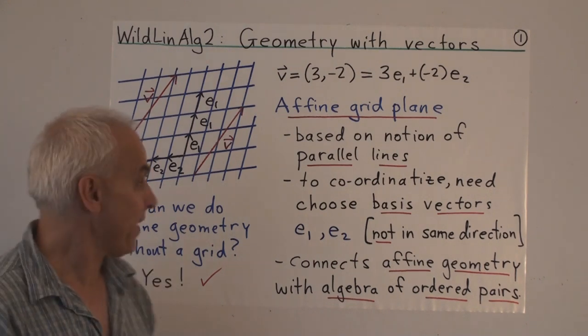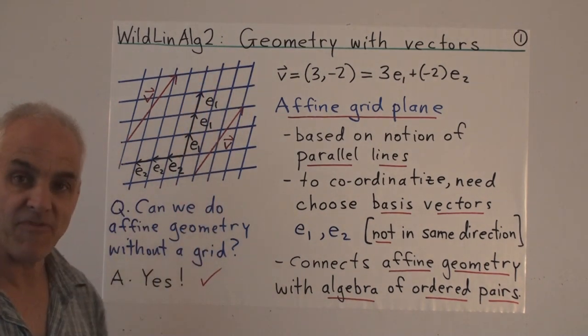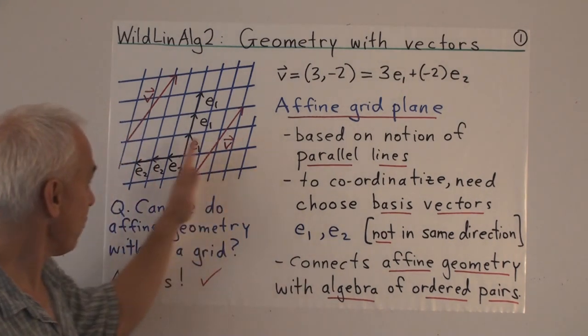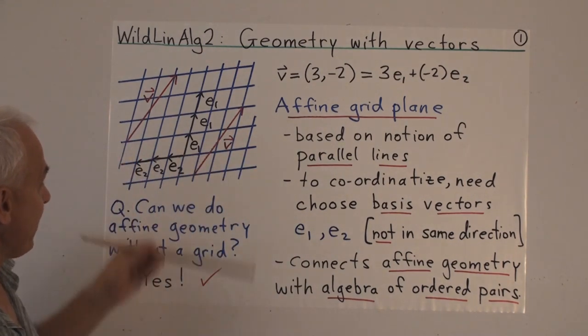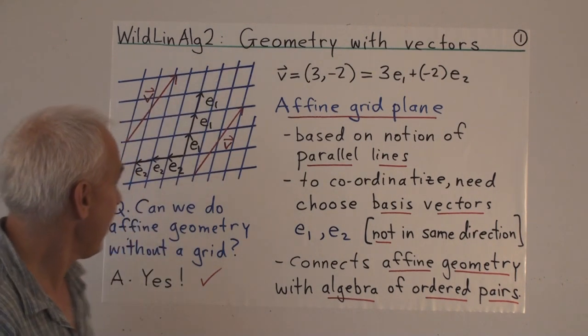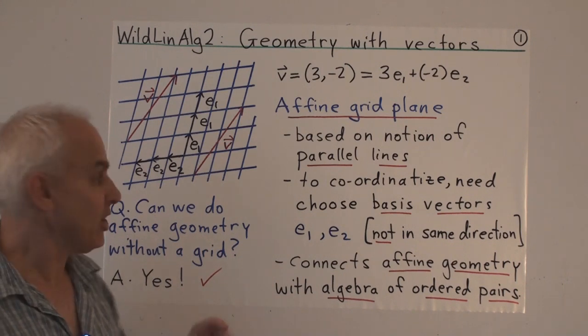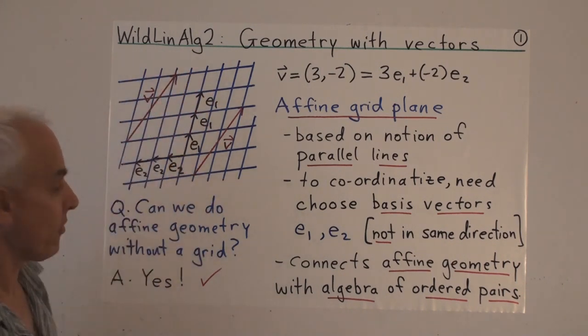I remind you, that was something that we got by finding, first of all, a family of equally spaced lines in one direction, all parallel, and then another family of equally spaced lines in another direction, all parallel, and using some basis vectors in those two directions to describe relative positions between points.